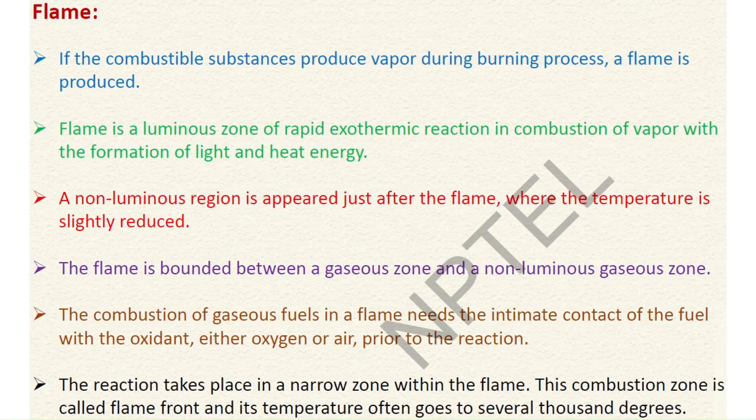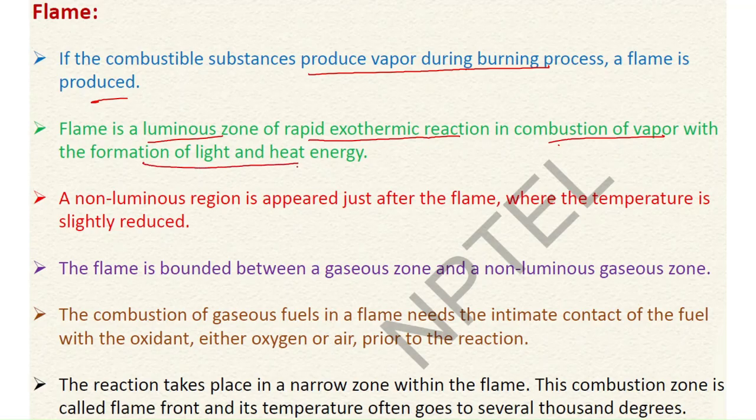Coming to the second part, which is the flame. What are flames? If combustible substances produce vapor during burning, a flame is produced. So what is a flame? It is a luminous zone of rapid exothermic reaction in the combustion of vapor with the formation of light and heat energy.